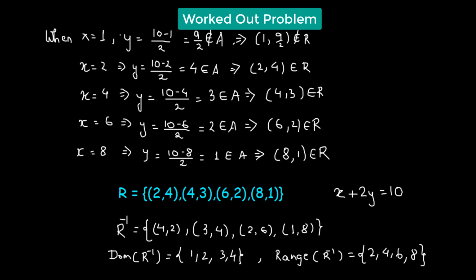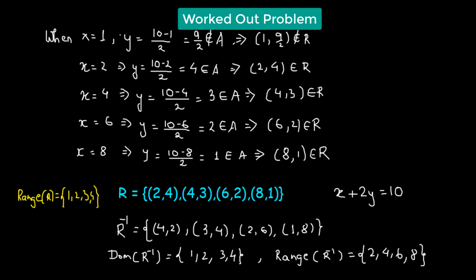So if we compare the domain of R inverse with the range of our relation R, we will find that they are exactly equal, because the range of our relation R will be the second elements of the ordered pairs of R. So those will be 1, 2, 3 and 4.